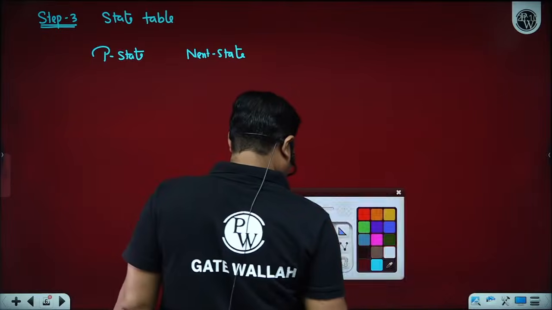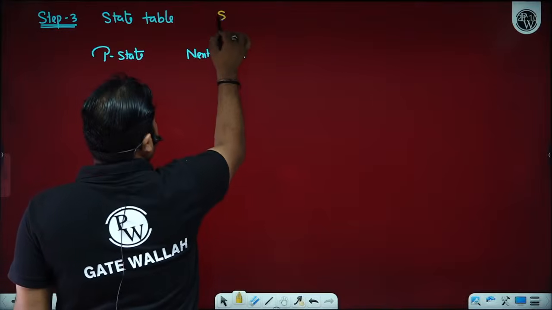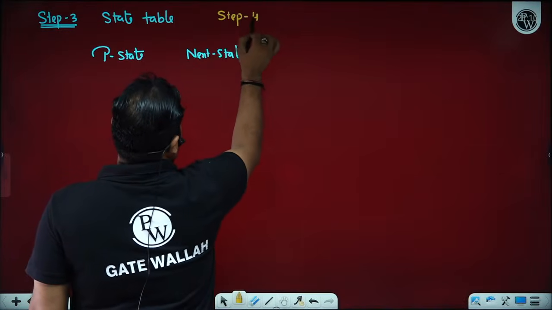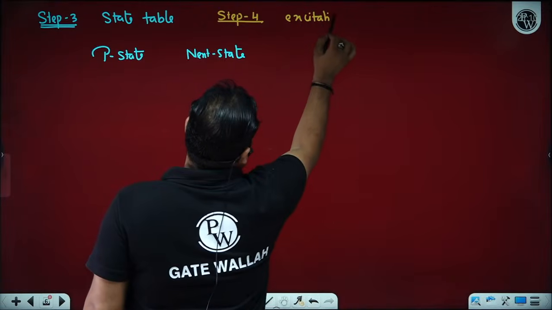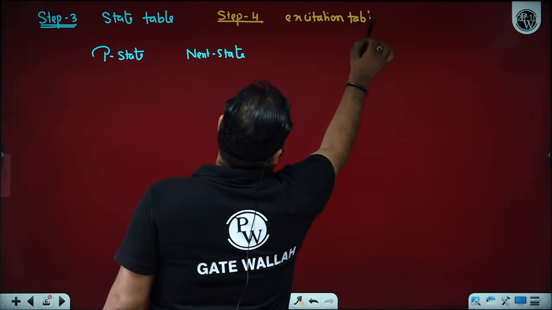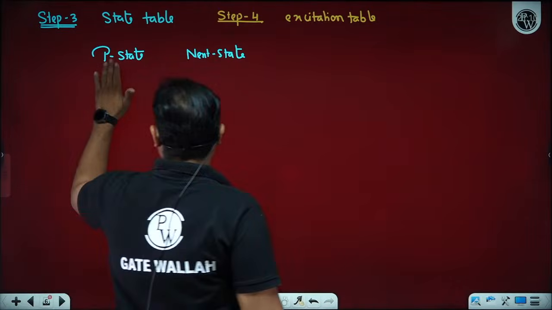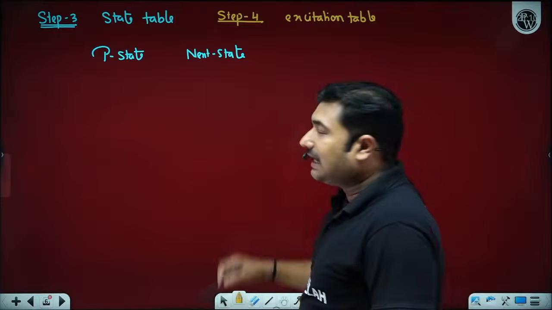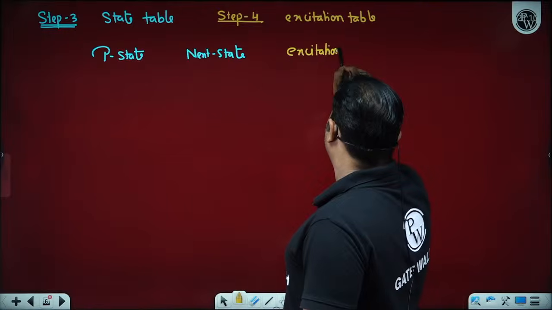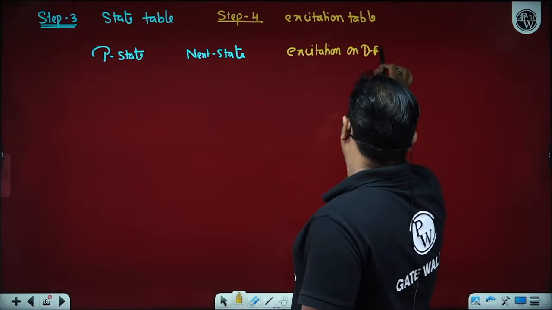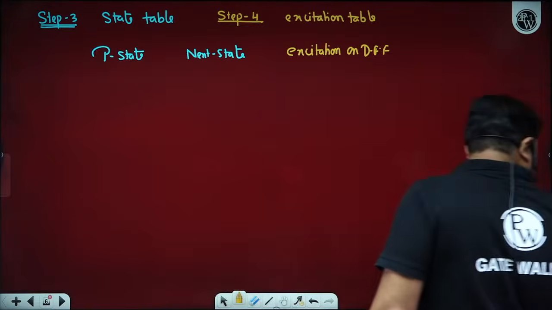Step number 4 says excitation table. So we have to construct the excitation table of the flip-flop with which we want to design, based upon the present state and next desired state. So here I am writing excitation of D flip-flop.